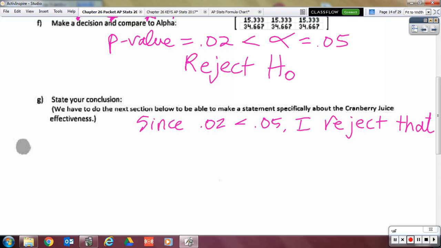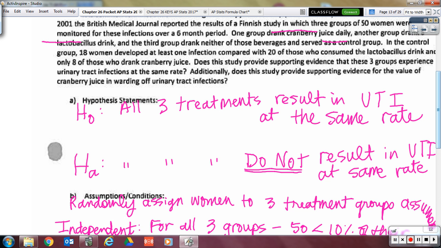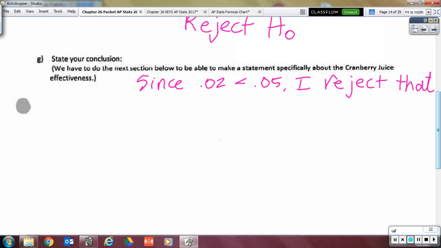Same is what H0 says. You were rejecting H0, which says they are all the same. So make sure that's what you are writing here. I reject that the 3 groups get UTIs at the same rate.